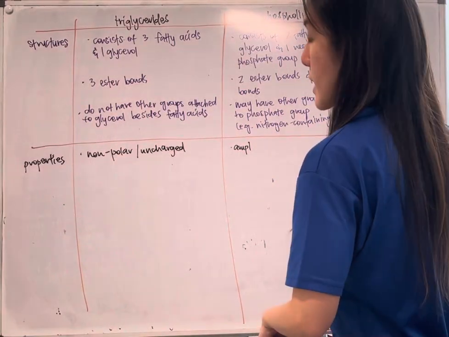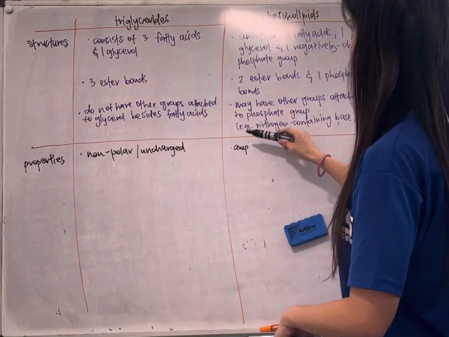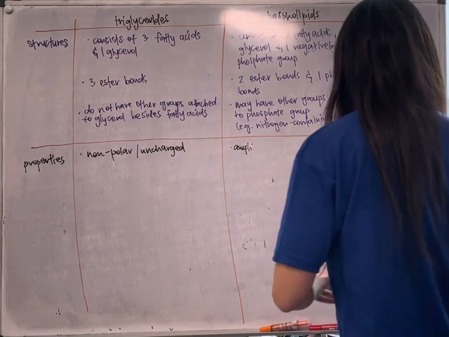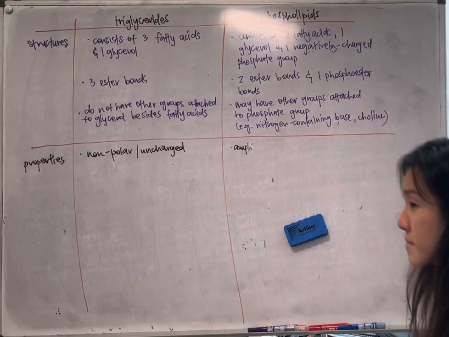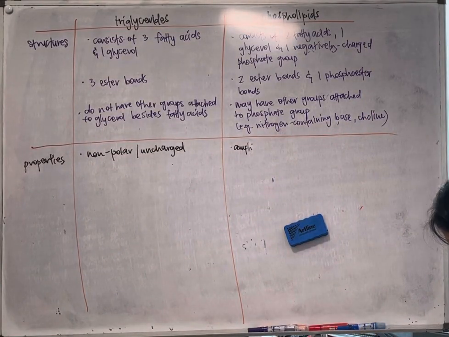How do you spell amphipathic, Sarah? A-M-P. What? A-M-P-H. Then continue. Amphipathic. Yeah.